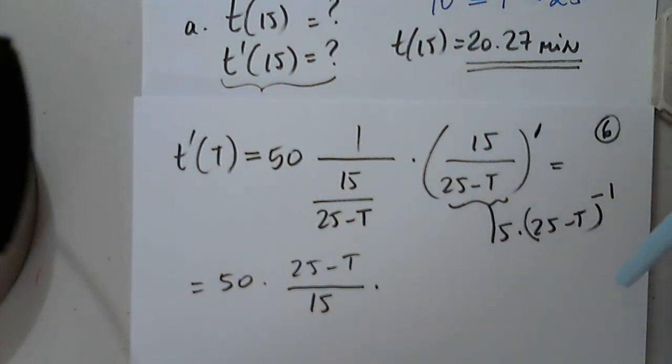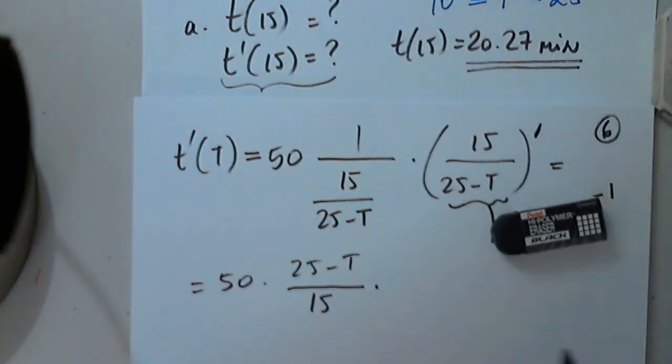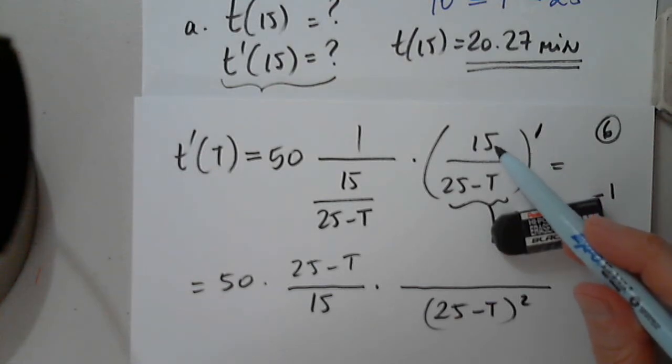You can say, no, I want to use the quotient rule. Fine. That's fine too. Let's use the quotient rule if that's what you say. The denominator has to be squared. But see what happens now. You have to be very careful if you're using the quotient rule. What is the derivative of the top?